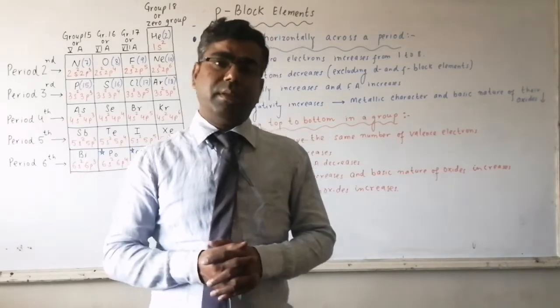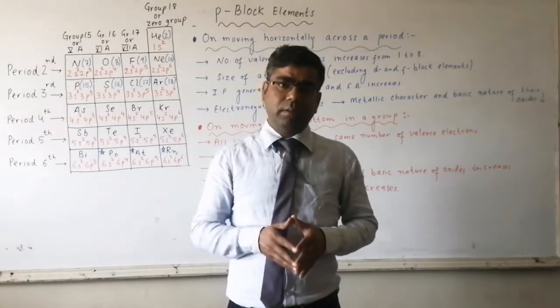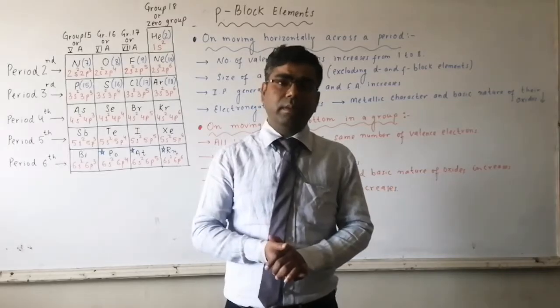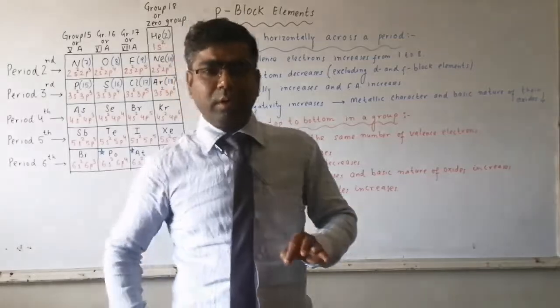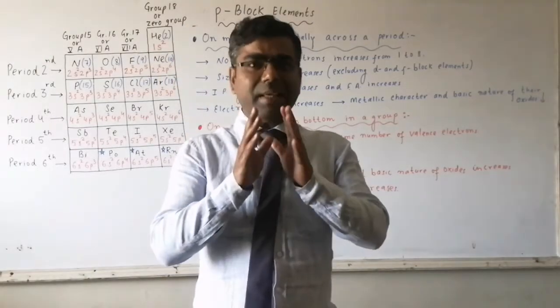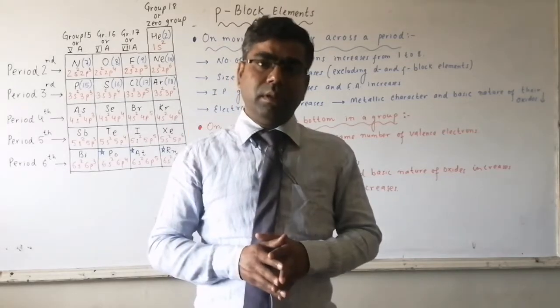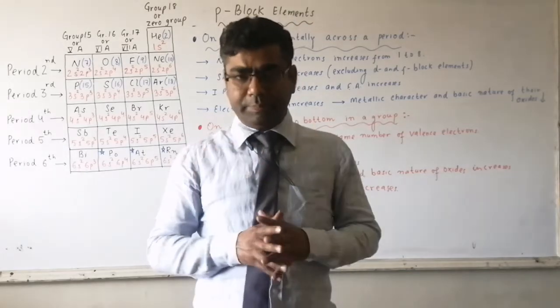So question first, what are P block elements? Answer is simple. When the incoming electron or the last electron makes entry in p subshell or p orbital, then the element belongs to p block.